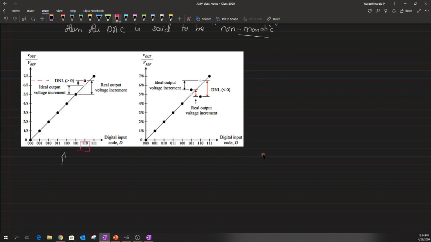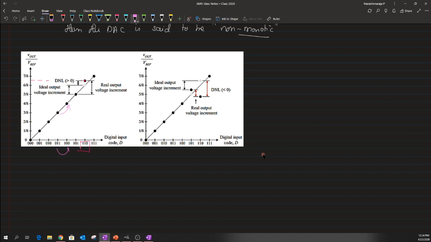We have a DNL error which is positive, and this is more important. In that case, whenever we increment the digital input across this DAC, there is an equal increment at the output as well.